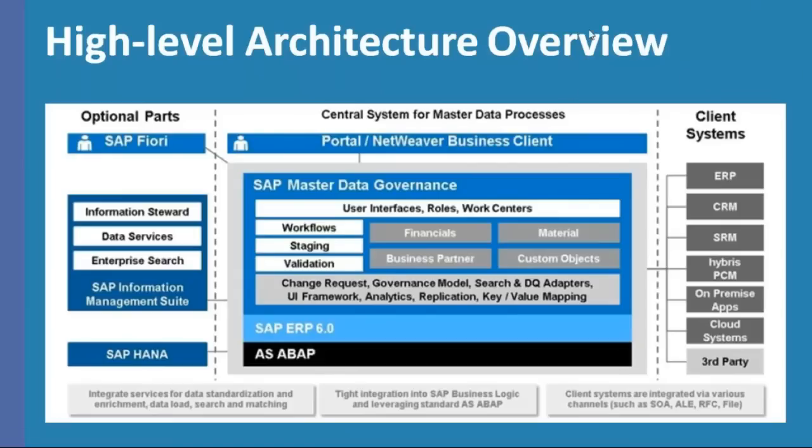Basically, the MDG hub system, what you see here, ultimately MDG is not an alien system. It's ultimately an ECC system. If you're familiar with the transactions, like SE11 for the data dictionary, SE80 for the object navigator, for a class, for a function module, whatever regular transactions we use in any kind of ECC system, every transaction can be accessed through MDG. So ultimately it's nothing but an ECC system itself.